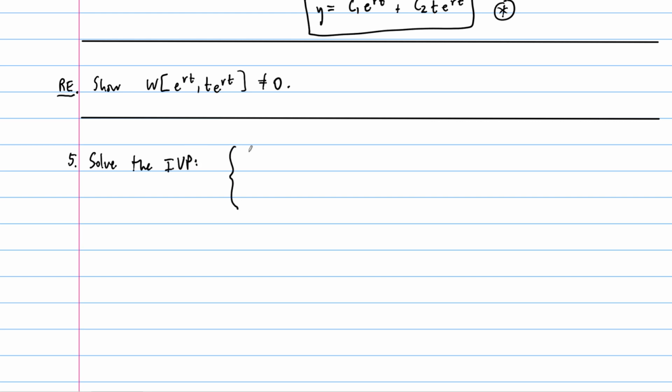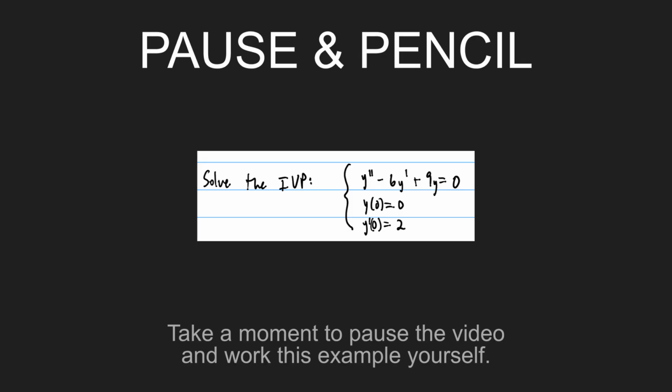The differential equation is going to be y double prime minus 6 times y prime plus 9y equals 0. And the initial values are y of 0 is equal to 0, and y prime at 0 is equal to 2. Okay, so take a moment, try to solve this one, and when you come back, we'll finish it off together.